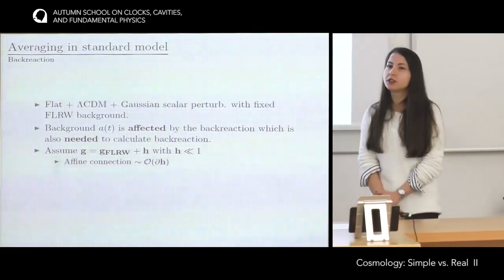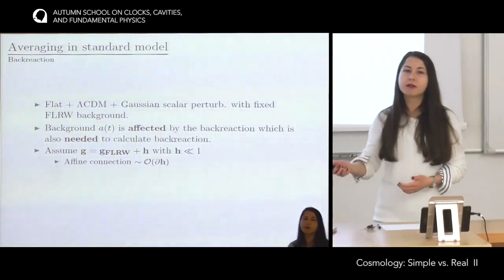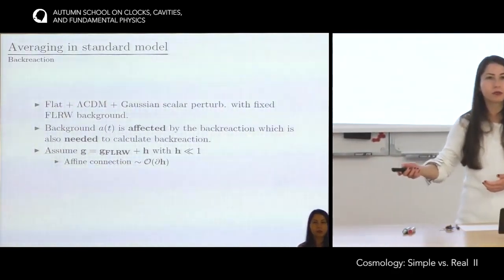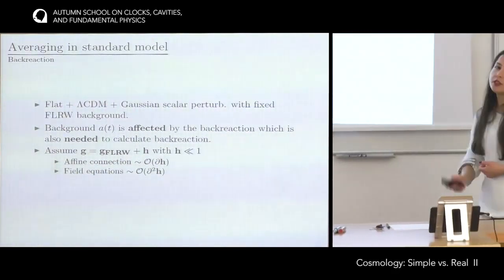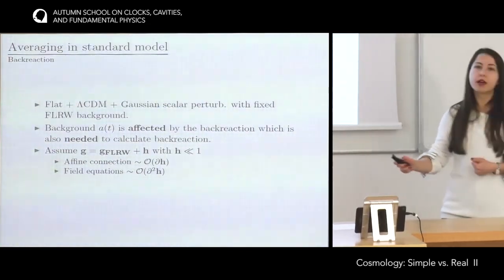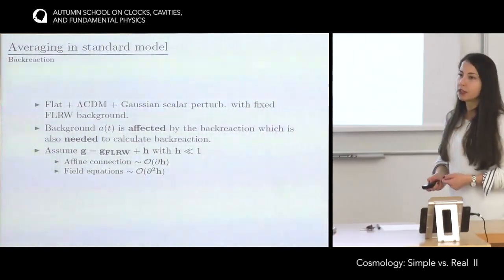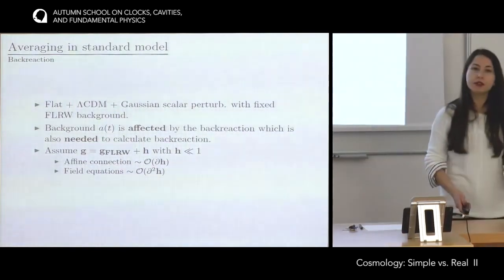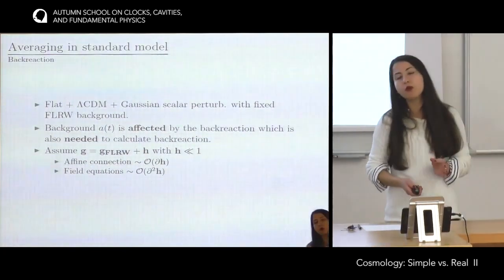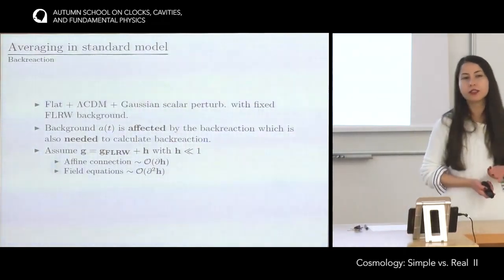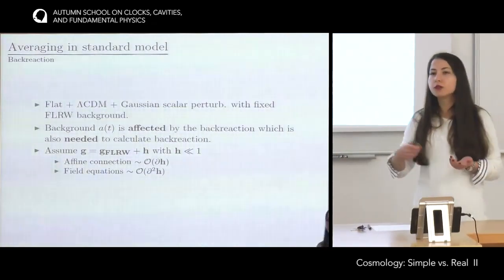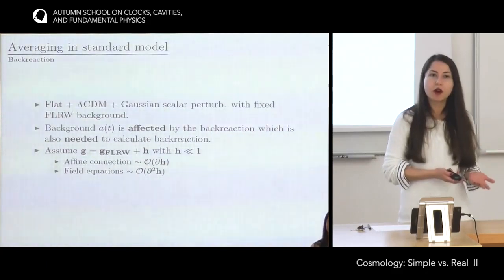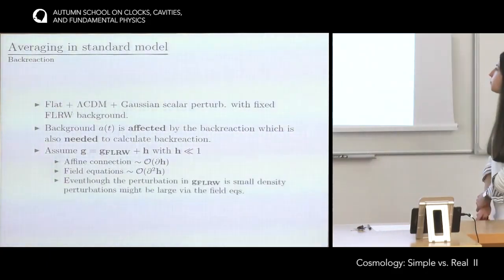The affine connection is obtained by taking the partial derivative of this perturbation. And the field equations are going up to second order derivatives of this perturbed metric, right? So that means even if your perturbations are small, their second derivatives are not necessarily small. So those not small terms can show up in the field equations, actually.